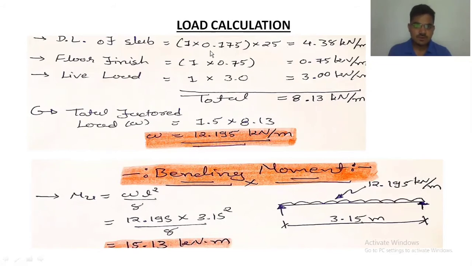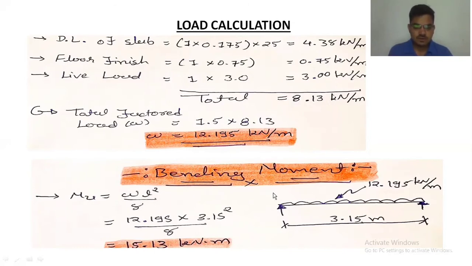So 1 into 0.175 into 25. Floor finish I am considering 0.75 kilonewton per meter square, and live load is 3 kilonewton per square meter. So total load is 8.13 kilonewton per meter. It is not a factored load, so I have to convert into factored load W. So 1.5 into total load is 12.195 kilonewton per meter.